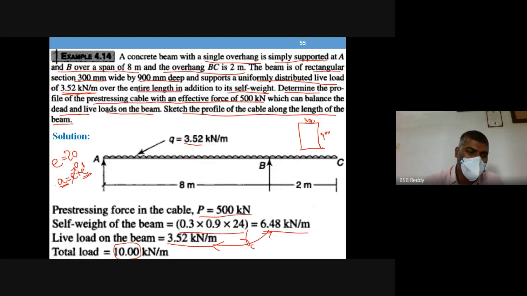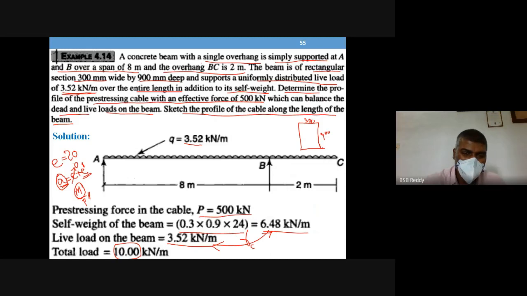from the cable line. So in the other way, you are finding the cable line by knowing the e dash value, which is a equal to just calculating M by P. So to get this M by P, you need bending moment values, salient values on this cable.